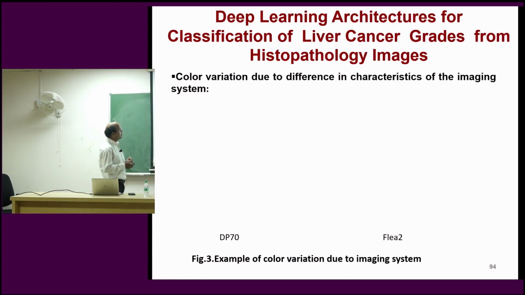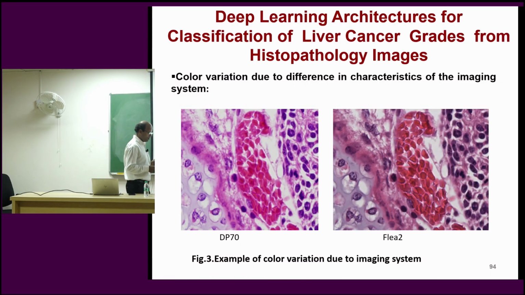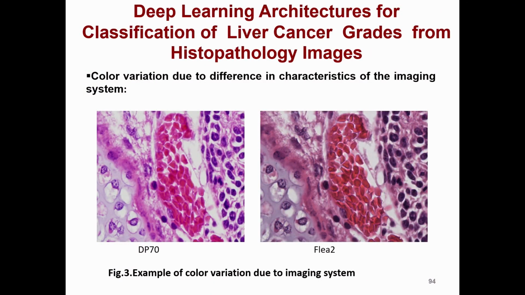So here you see why some pre-processing is required in the case of histopathology images. The same liver organ is scanned by two microscopes. The first is called DP70, which is an Olympus microscope. The second is called Filia 2. The same organ is scanned from two different scanners, so you can see there are color variations.